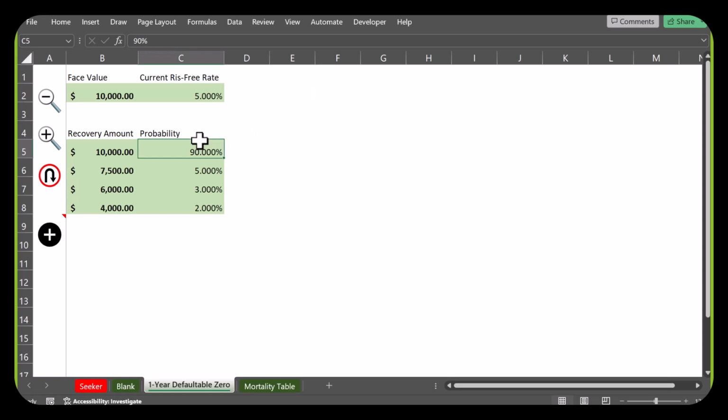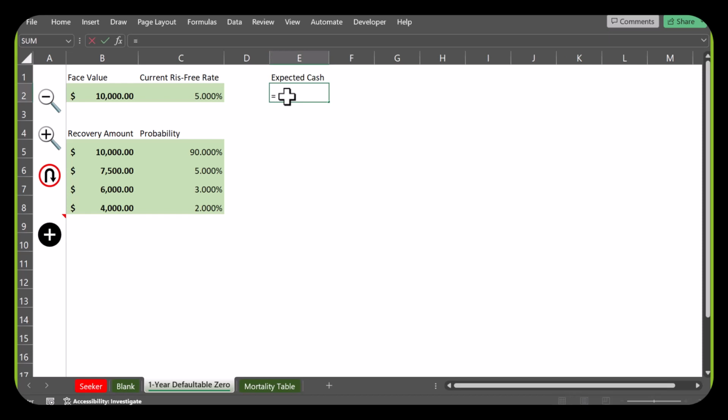So we need to calculate first what is the expected cash. We know we're promised $10,000, but given those probabilities, what do we expect?